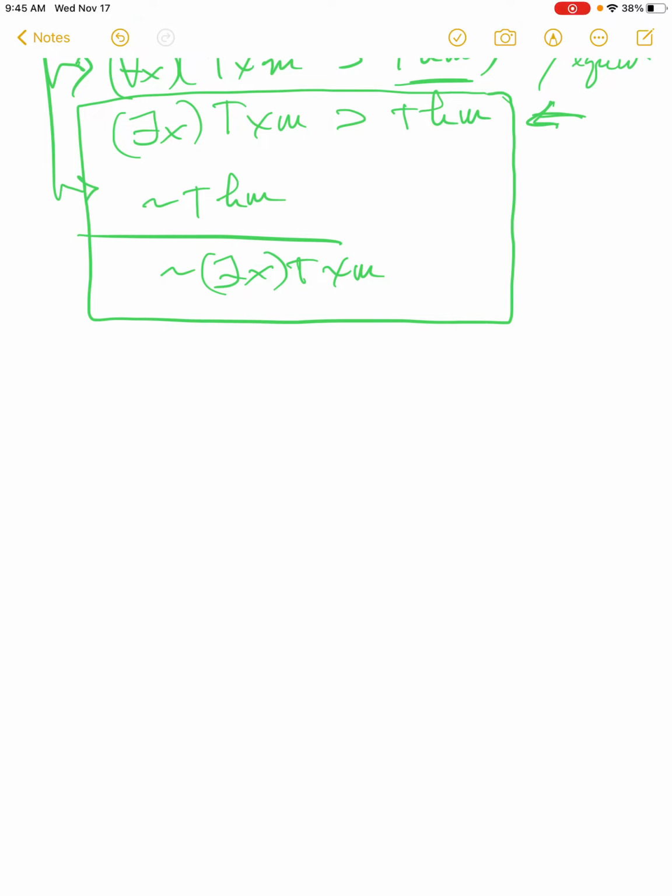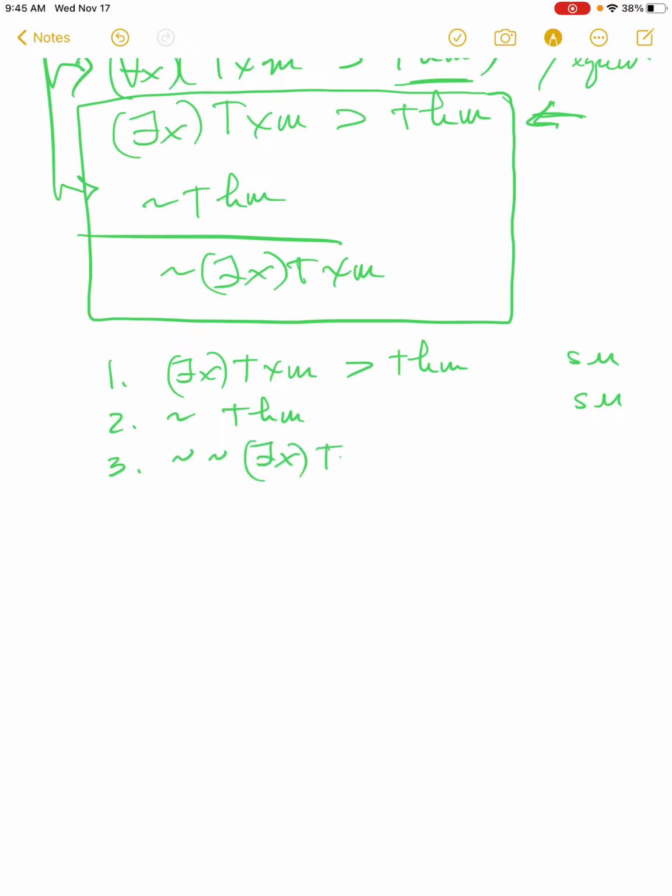You do a tree for the set that has the premises and the negation of the conclusion. So the premises are, if there's at least one person who can trap Moriarty, then Holmes can trap Moriarty. Secondly, it's not the case that Holmes can trap Moriarty. And then finally, the negation of the conclusion. That is, it's not the case that there isn't somebody who can trap Moriarty.